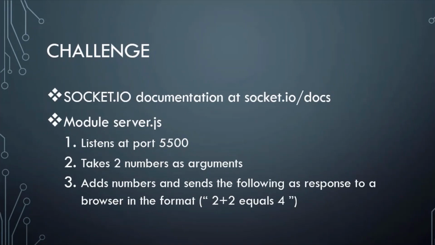Other than that, you should implement a module called server.js. Make a server that listens at port 5500. The module will take two numbers as arguments. It adds these numbers and sends the result as a response to any browser or client connecting at that port. The format is given in the slides. Thank you for watching this video, and I'll see you in the next section.